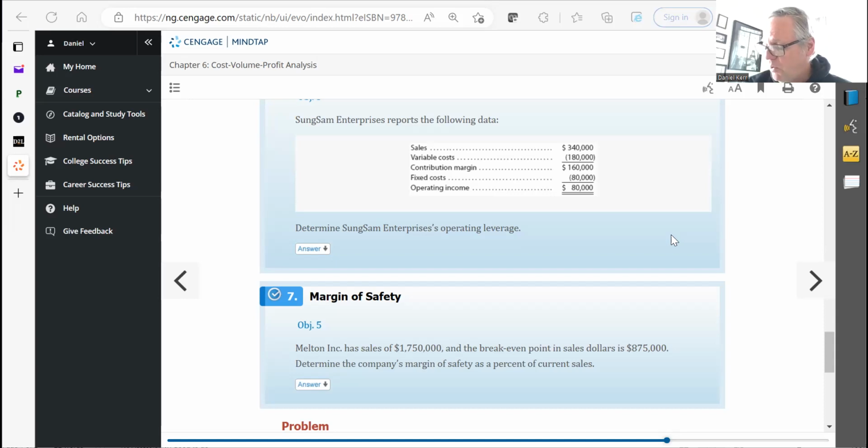That's basically all you need to get the margin of safety, because it has to do with the sales. You reduce the current sales by the sales at the break-even point, which is how far you're currently above break-even, and divide that by the current level of sales, and that will give you the margin of safety.